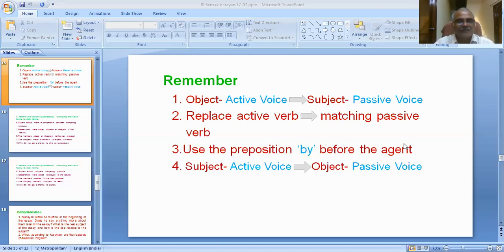In our syllabus, we have given four exercises on voice. In our next presentation, we will focus on these exercises. We will see these exercises. So with that, we complete the topic voice.